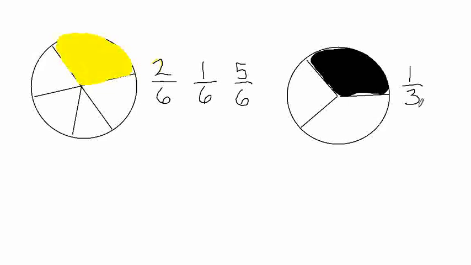Okay? Now, you can probably see visually that the single piece of the second pizza is the same portion as 2 of the smaller pieces on the first pizza. All right? So it's possible that even though fractions are composed of different natural numbers, they are still the same portion.